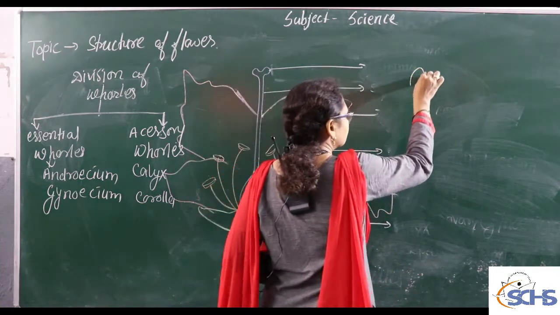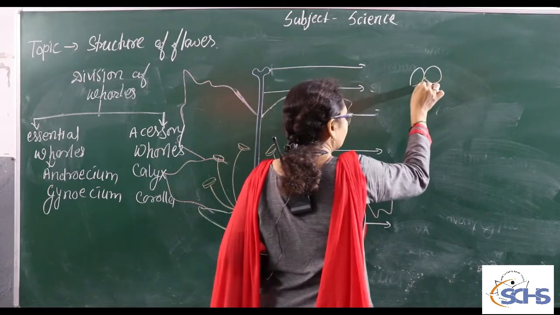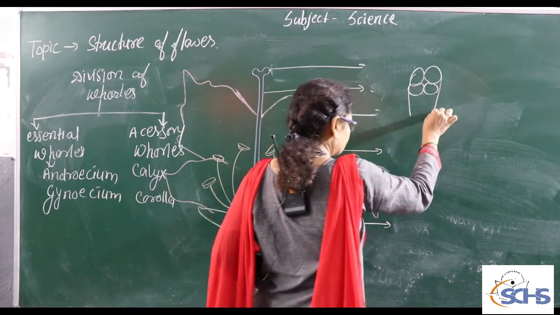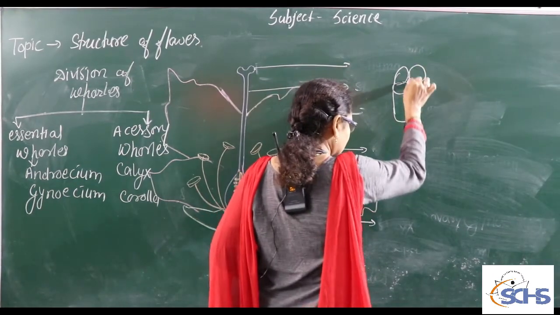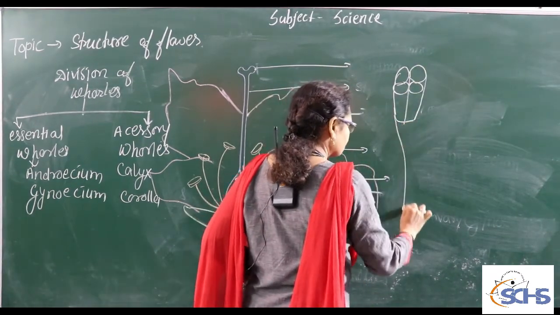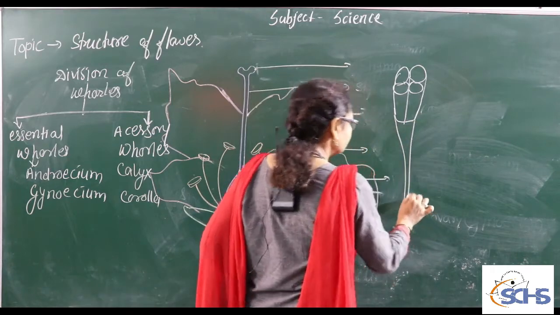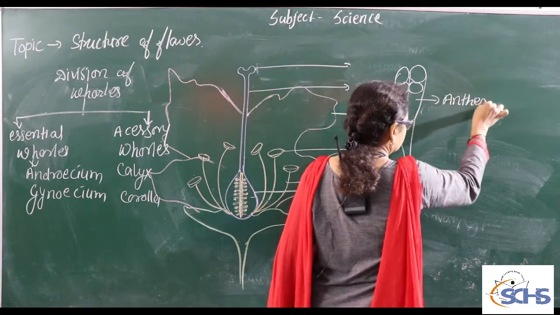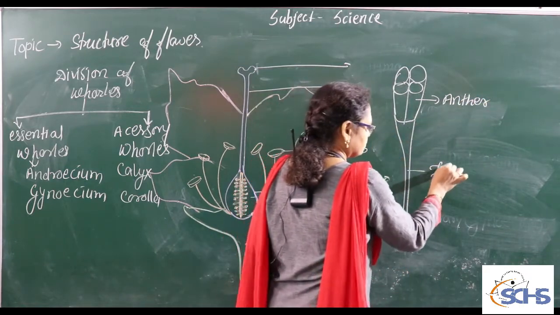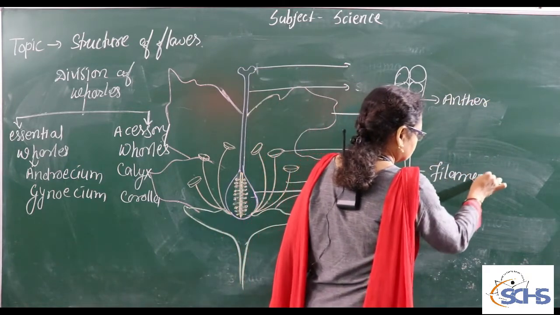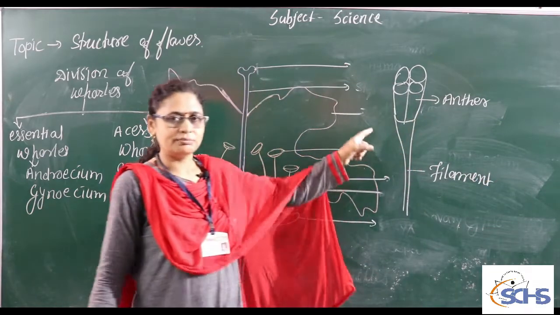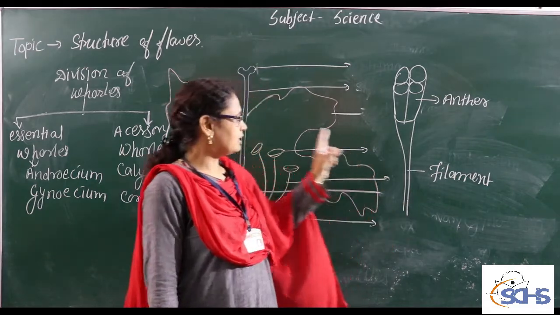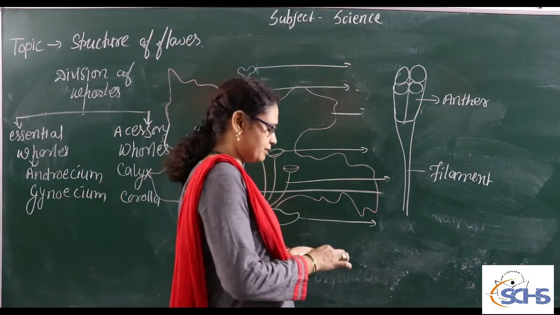First one is the anther and the second one is the filament. This is the anther portion. So the stamen is made up of two parts: one is the anther, the second one is the filament.